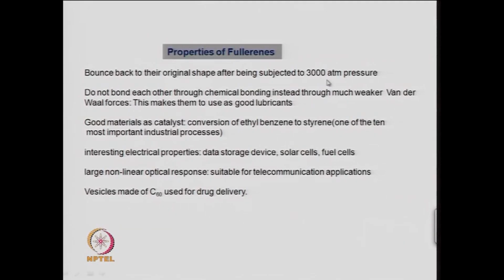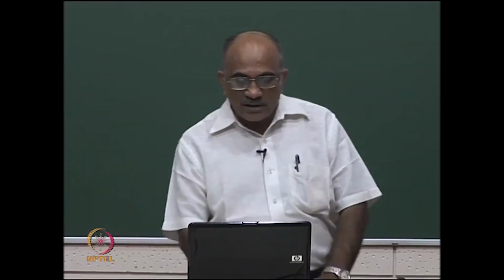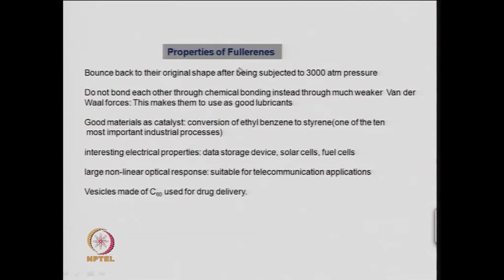With very high pressure, the fullerenes get deformed, but as soon as you remove the pressure, the fullerenes get back to their original shape. So, this is a very interesting property of fullerene, that after being subjected to very high pressure like 3000 atmospheres, if you release the pressure, the fullerene molecule again comes back to its normal or original shape.